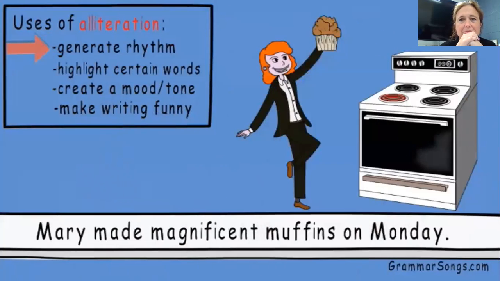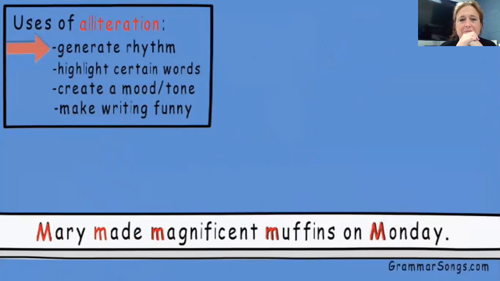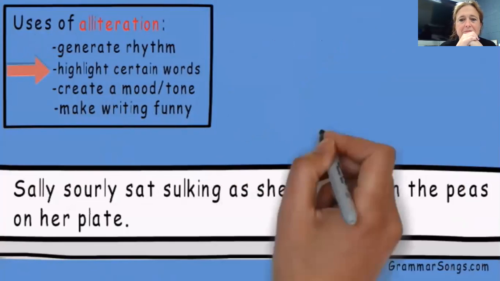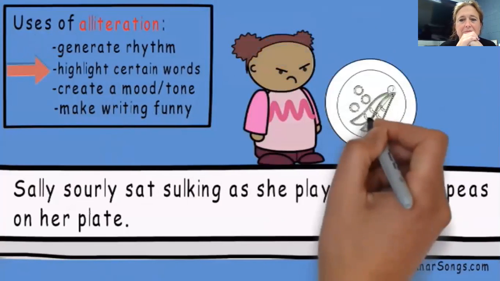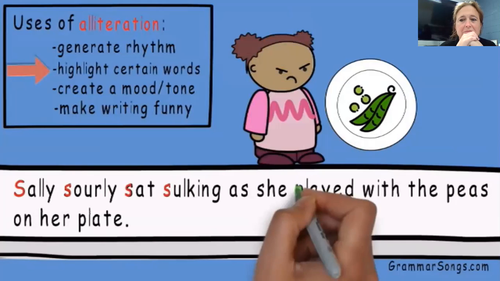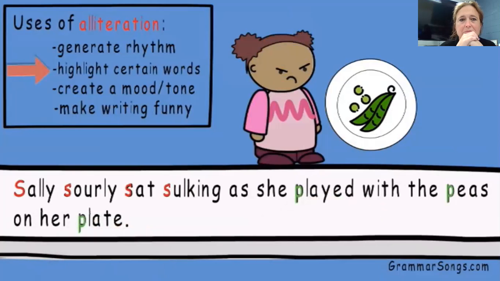Although this original sentence won't win a Pulitzer Prize, the alliteration generates a catchy rhythm that stands out, making it memorable. Alliteration can be used to highlight certain words. Sally sourly sat sulking as she played with the peas on her plate. Sourly, sat, sulking, and played, peas, and plate let the reader know that Sally doesn't like peas without really saying so, simply by emphasizing certain words using alliteration.